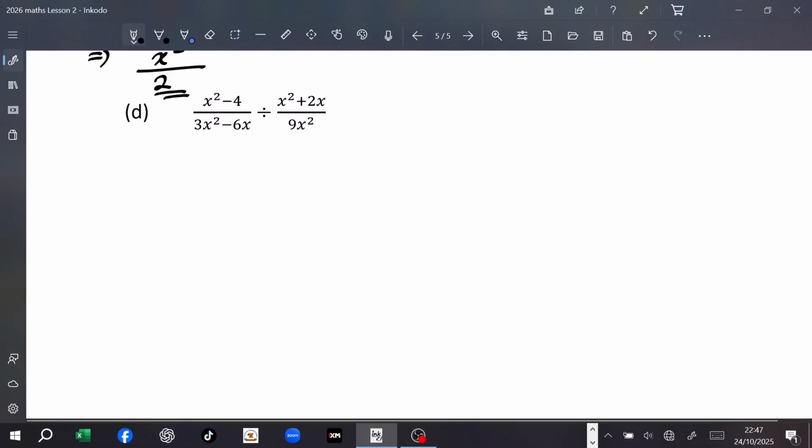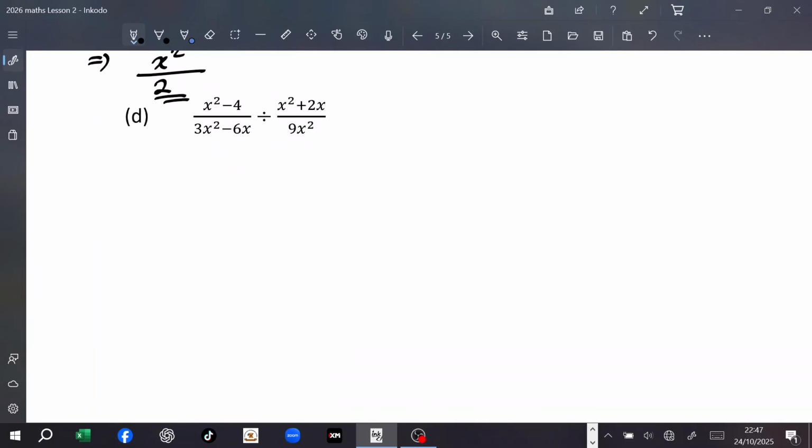Then I think this is the last one, yeah. So this one again, where you have x to power 2 minus 4, this one is a difference of 2 squares, over 3x squared minus 6x divided by x squared plus 2x over 9x squared.